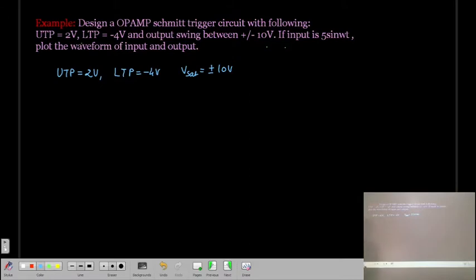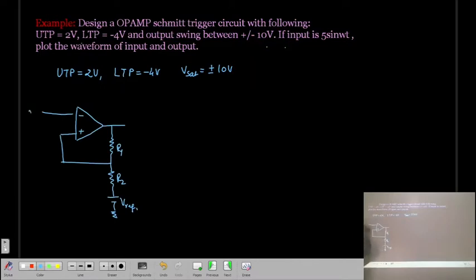Now, what is the formula for UTP and LTP? Already we have seen in the previous one, or if you see the circuit diagram, to design this comparator, I have to calculate what is R1, what is R2, and what is my required value of the reference voltage. Correct?